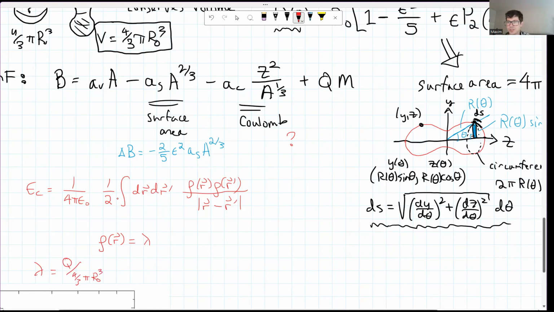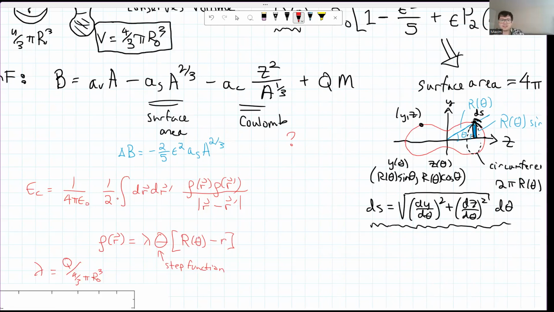So it's a uniform charge density, and then this is a step function, with theta minus little r, the radial coordinate.